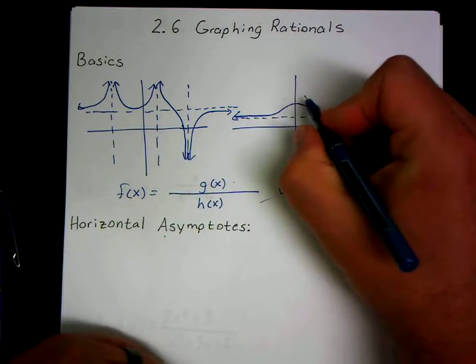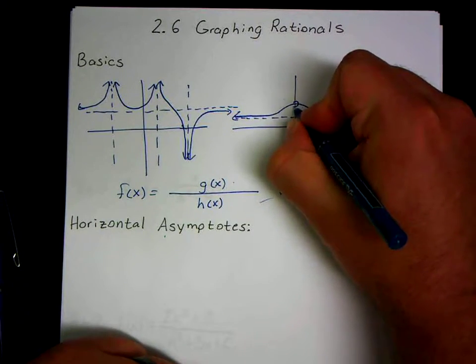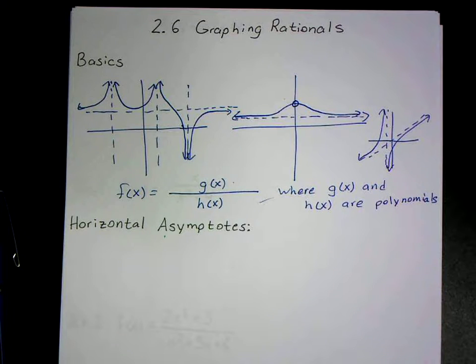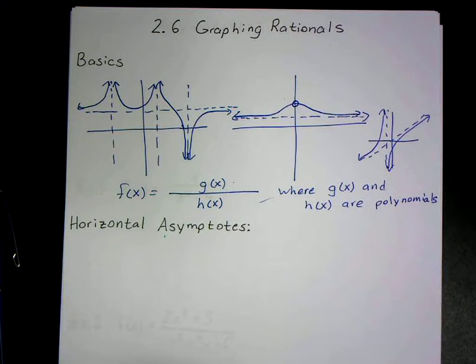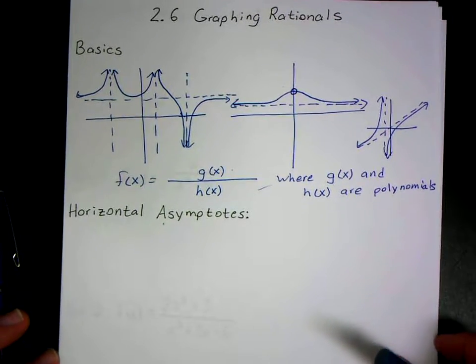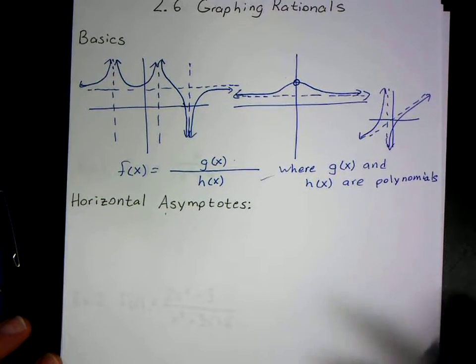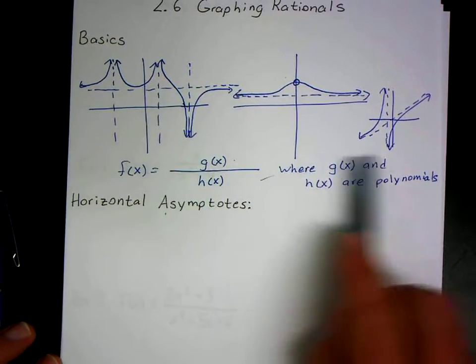We're going to talk about removable discontinuities, where maybe we have not an asymptote, but we have a hole in the graph. So that's kind of where we're going with all of this. Again, we're not going to actually be graphing. We're going to just be finding all of these weird things.